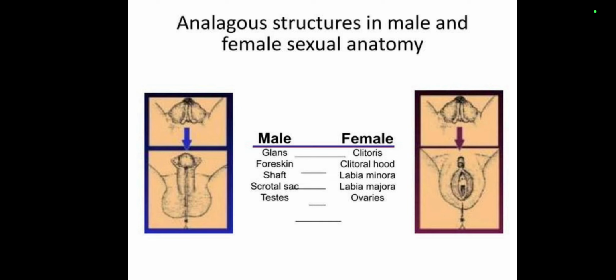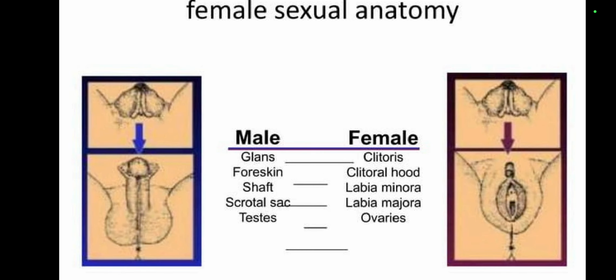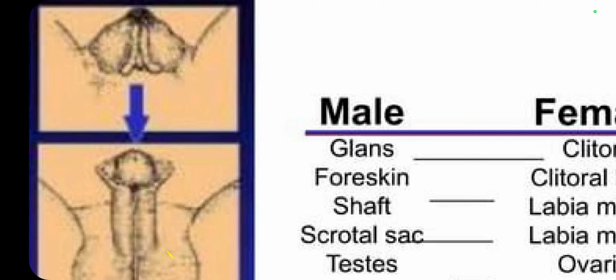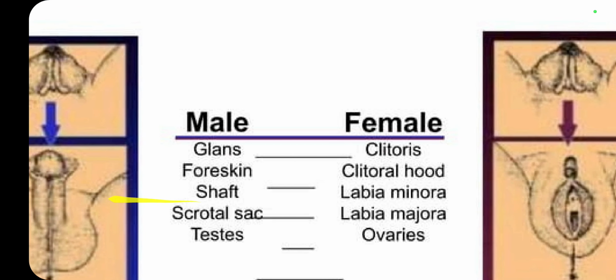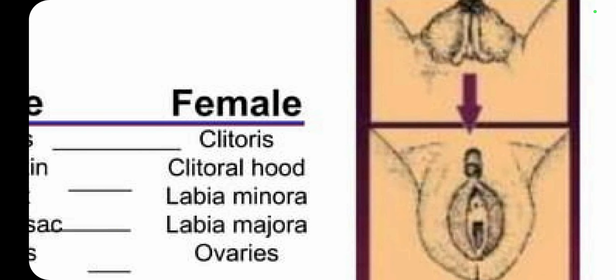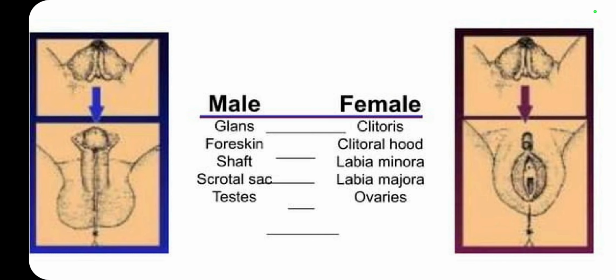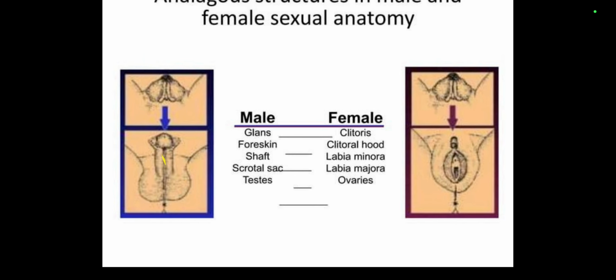For female, we have clitoris, clitoral hood, labia minora, labia majora, and ovaries. These are just structural forms of the male genitalia, and we have the female genitalia. For the female genitalia, we'll be making another video.